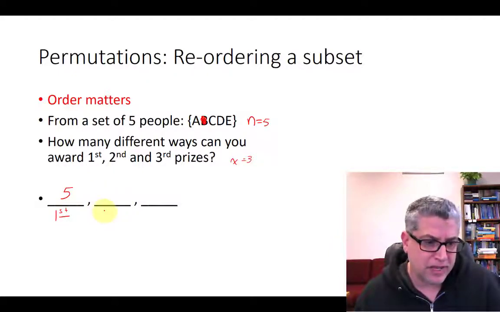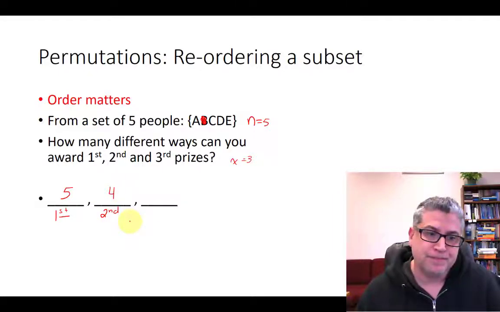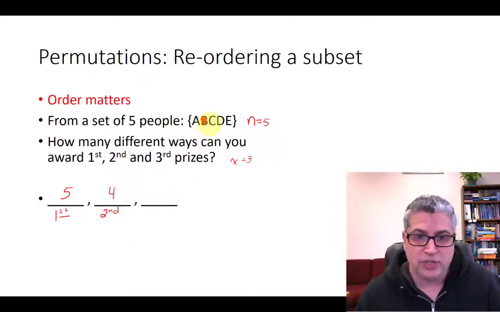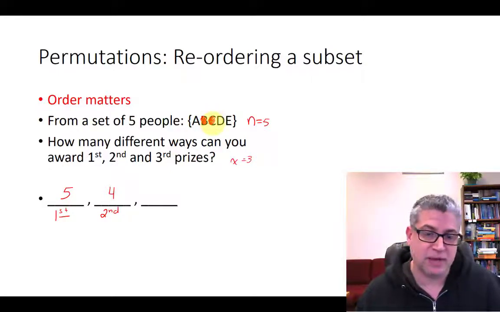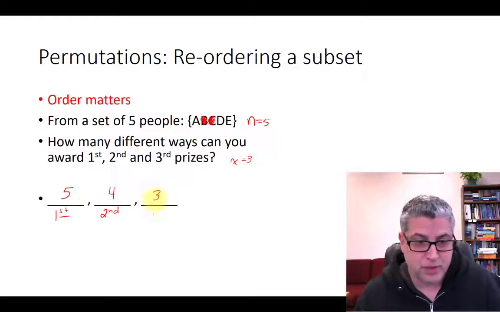Well, for second prize, we only have 4 options. Let's say we chose to use person C for second place. Now, how many options do we have for third prize? We only have 3. 3 different options for third prize.